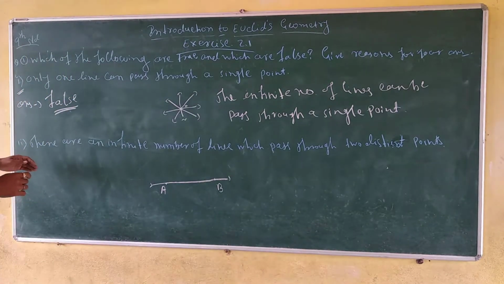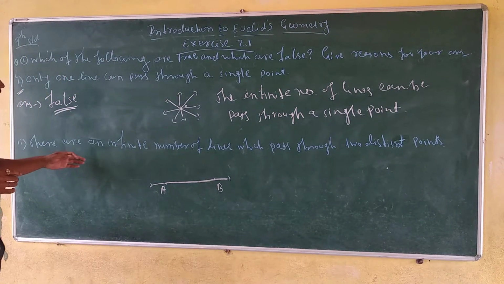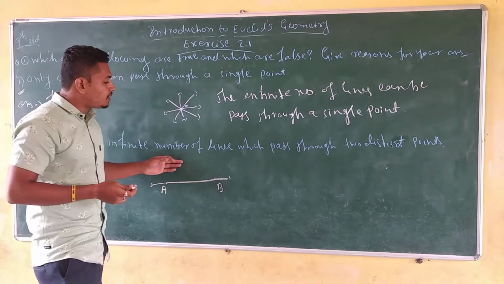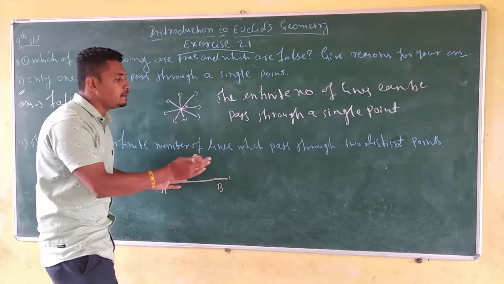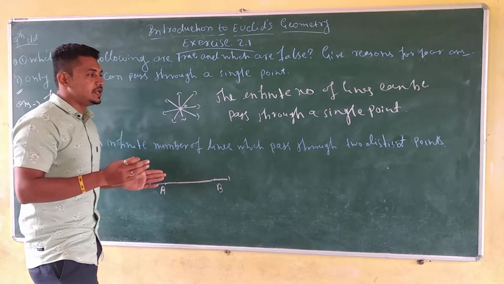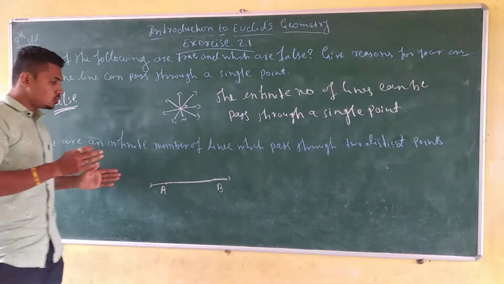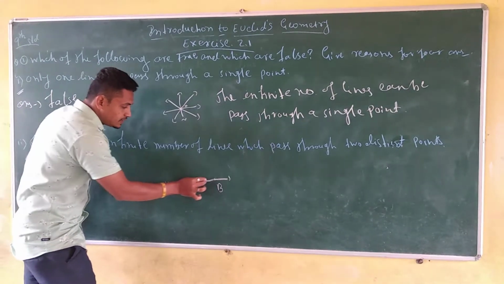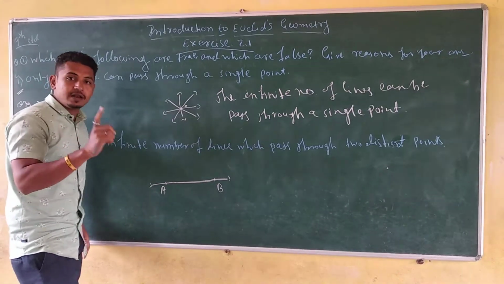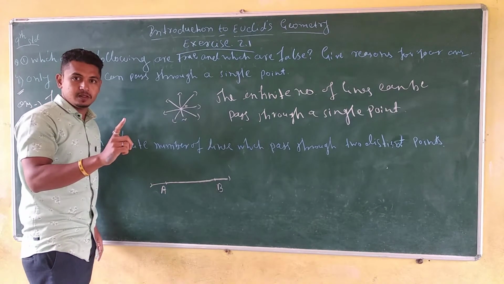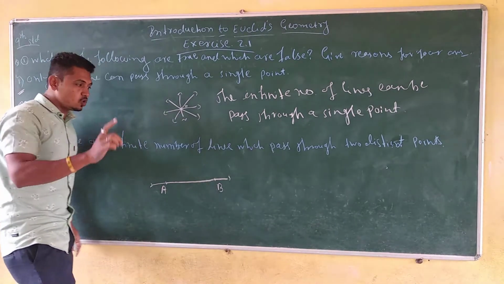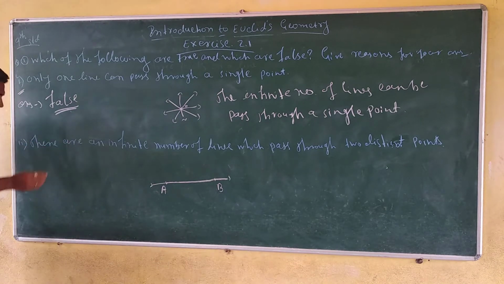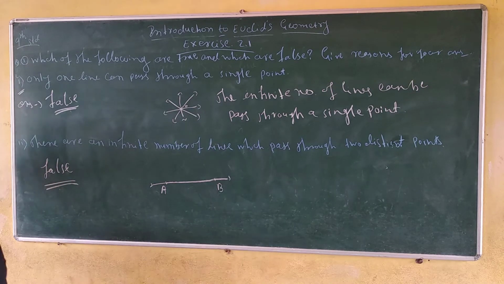Now what does the second statement say? There are an infinite number of lines, which means so many lines can be passed through two distinct points. But through two distinct points only one line can be passed. So this statement is false. Is it right?